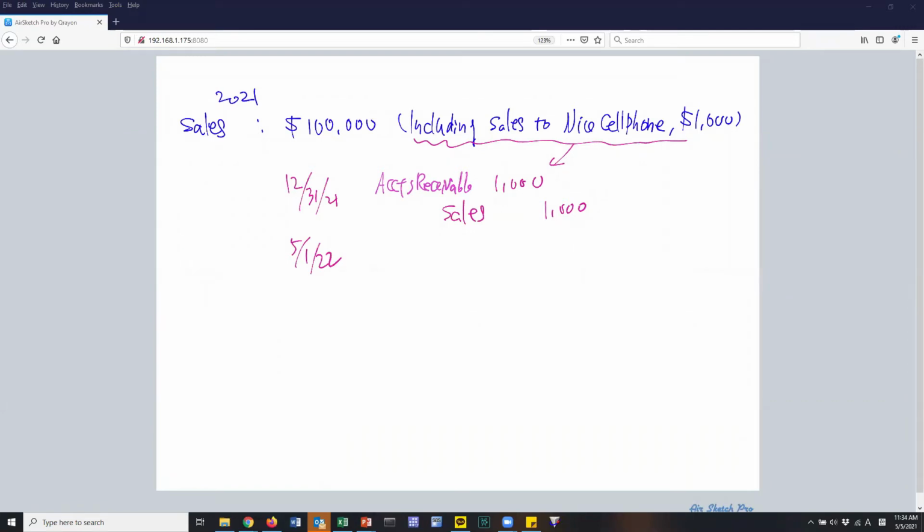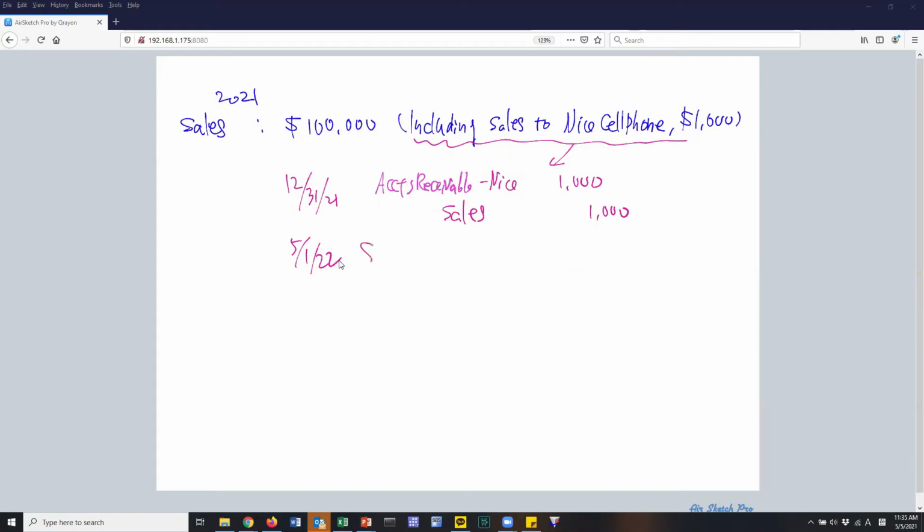Then what is a way of reversing this transaction? My friend Sean may flip, right? Sales being debited and accounts receivable, maybe I should make it clear that the accounts receivable is for Nice, $1,000, $1,000. And then accounts receivable being credited, sales being debited, right?